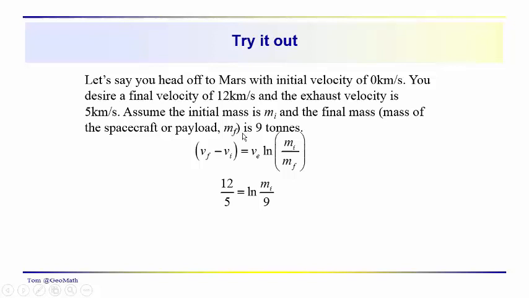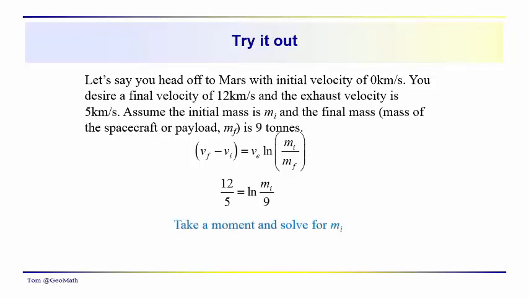And so we're just plugging into this expression, which we just derived. We have a delta v of 12, assuming our initial velocity is 0. The exhaust velocity is 5. We've divided that delta v by 5. And then we have the log of the initial mass that we need, the mass of the payload plus the mass of the fuel, divided by 9, which is the final mass, basically the mass of the payload.